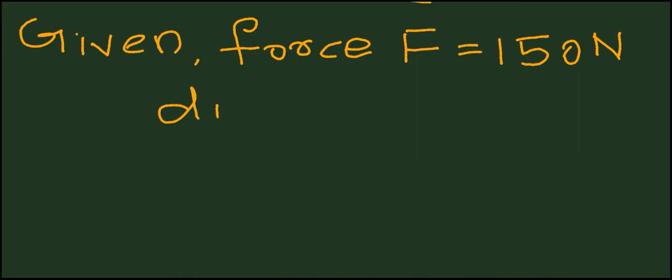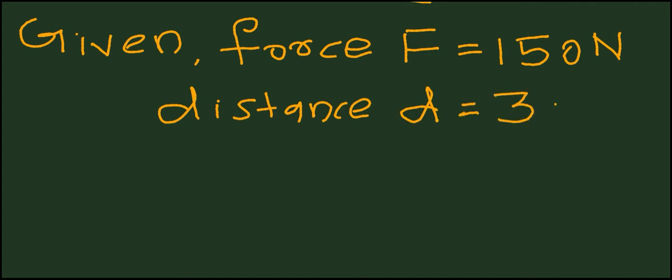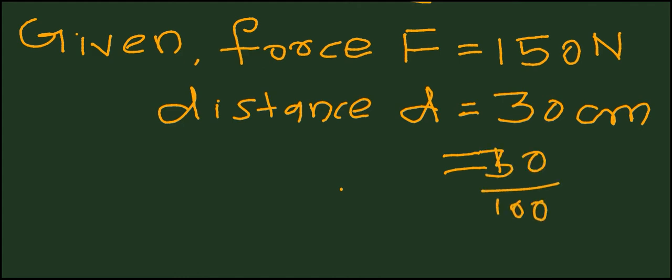Distance D is equal to 30 centimeter. It can be divided by 100 to convert it to meter. Therefore, 30 upon 100 is equal to 0.3 meter. Okay, students, 0.3 meter.